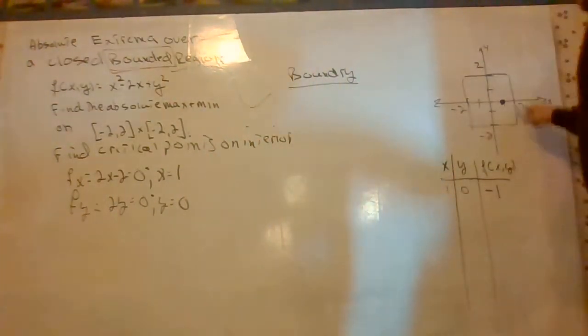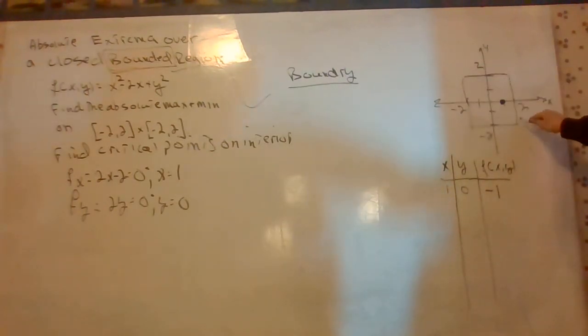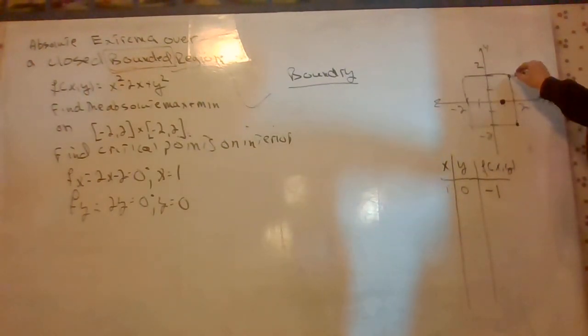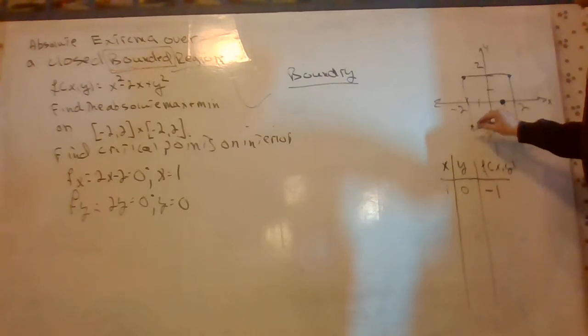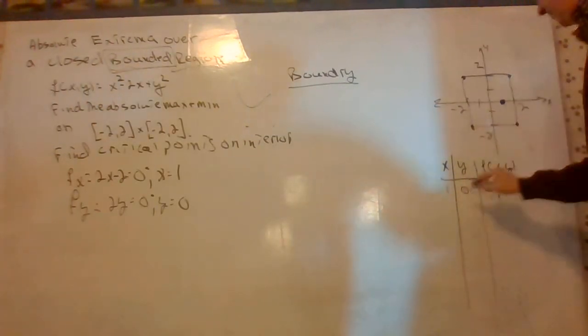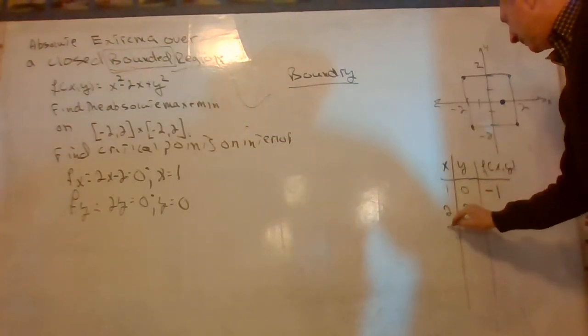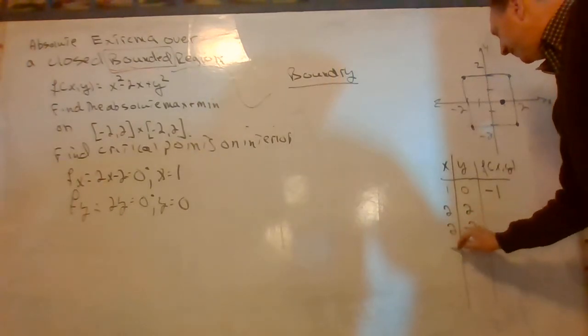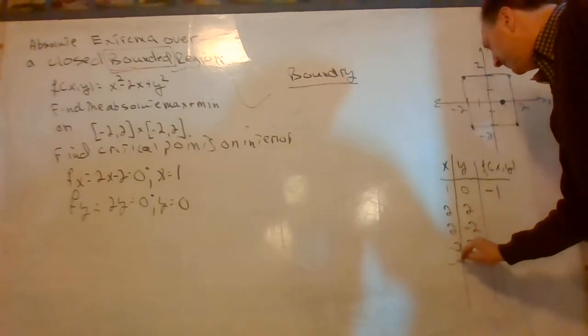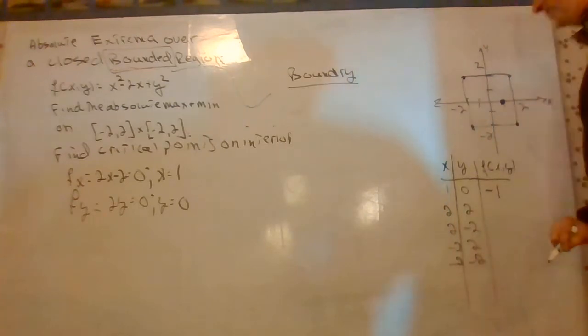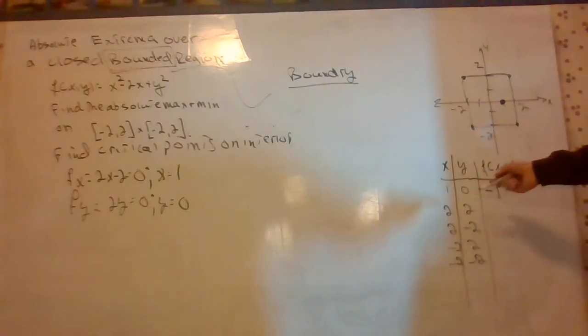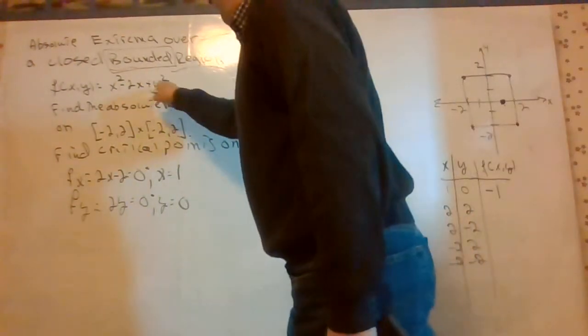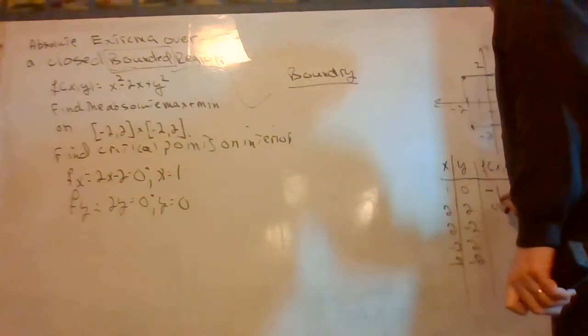As far as the boundary is concerned, you can actually include the corners right off the bat. So for instance, we have (2, 2), (2, -2), (-2, 2), (-2, -2). You can substitute at (2, 2): we have 4 minus 4 plus 4 is 4.